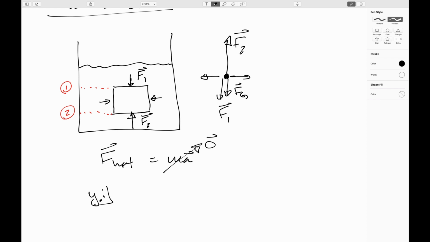We'll look at the y component. So the y component here, we've got F2 pointing up, and then the other two things pointing down are F1 and gravity. So this will be F2 minus F1 minus Fg, and that has to equal 0. All right, so I'll go ahead and rearrange this to say that F2 equals F1 plus Fg.